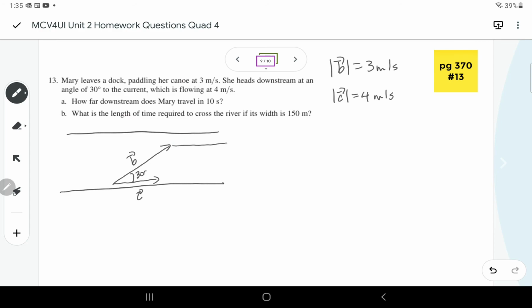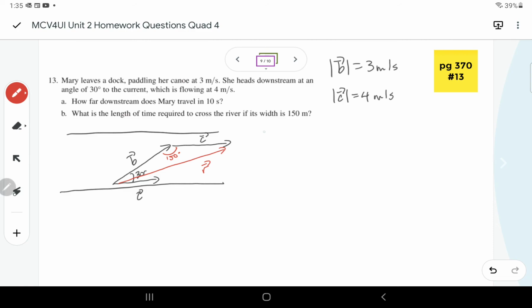And then the current is going to be going more down that way. And then I'm going to draw in my resultant. So the resultant is going to go there. So we need to look at the C pattern like we've done before and notice that that angle up top will be 150 degrees.